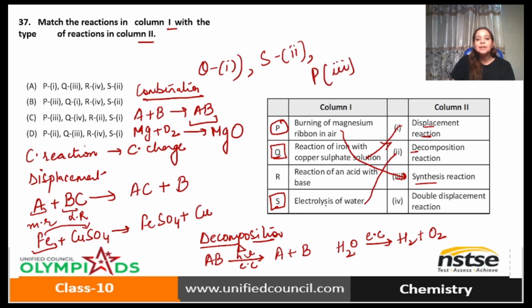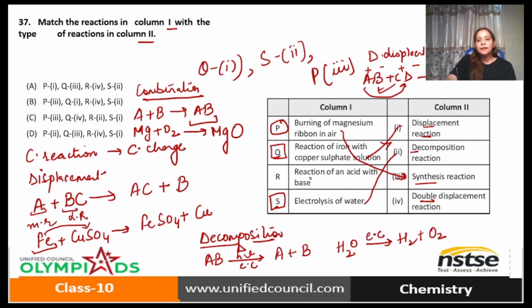Next is double displacement, which can also be called double decomposition. A double displacement reaction occurs between two compounds in which you write their valencies and they mutually exchange their partners. A will combine with D and C will combine with B. This is how the products are formed.